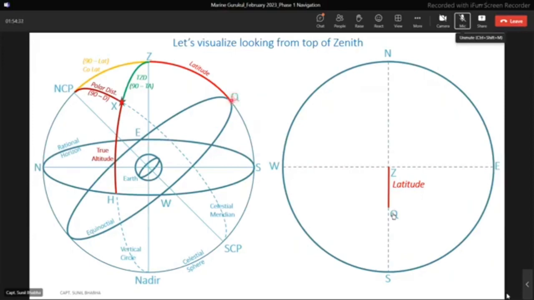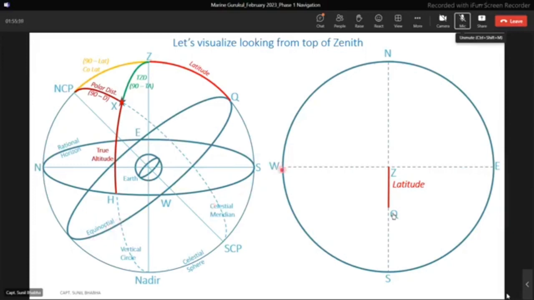Now if you look carefully, from the Q point, if you join up the W point, W to Q, and moving further Q to E, this particular arc, E point to Q point to W point, represents the equinoctial. So we can also show the equinoctial in our rational horizon diagram now.